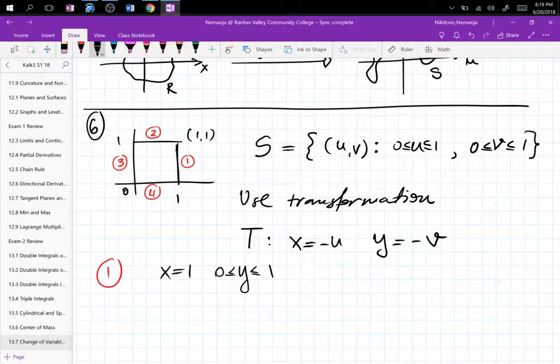So these 2 equations together, the equation and the constraint, give us the line segment between 0 and 1 going vertically at x equals 1. So now I want to transform this. Well, how do I transform it? It's as simple as substituting values, right?